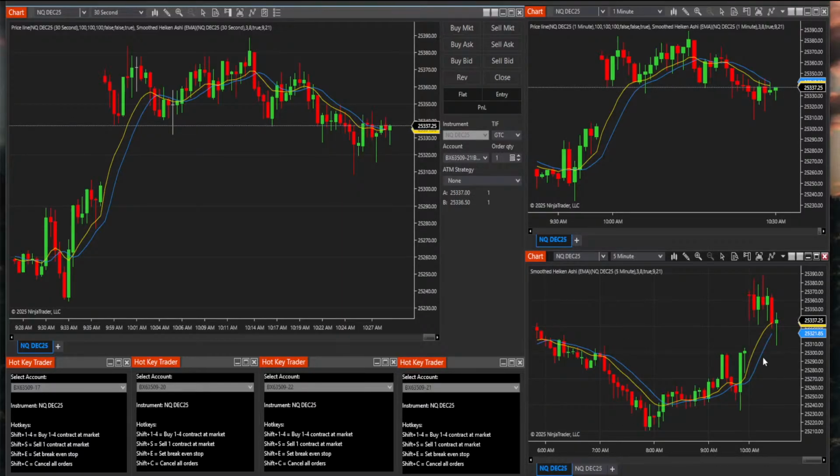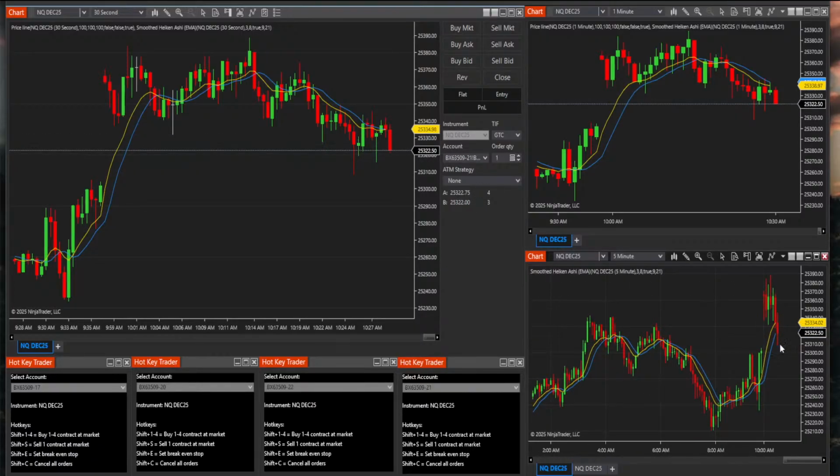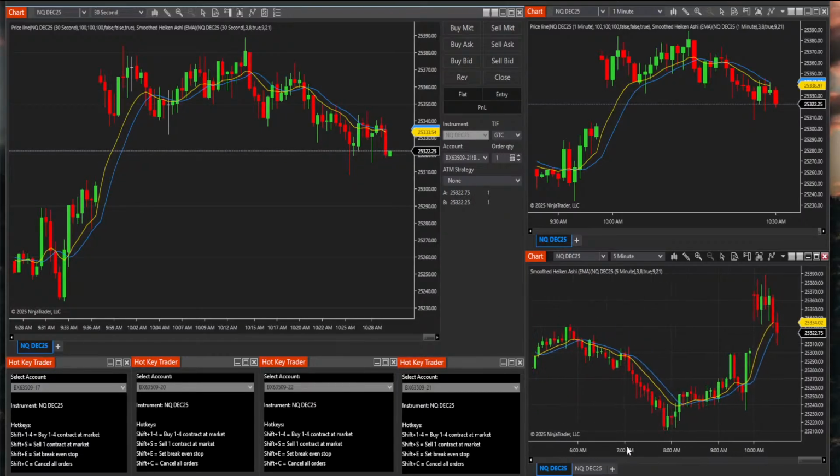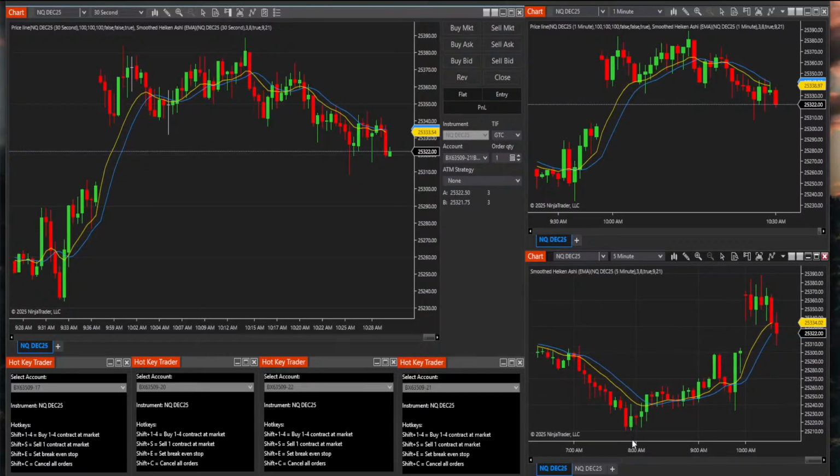The 5-minute kind of bounced off of this support area right up in here. It just kind of bounced off. But we're still in the downtrend.